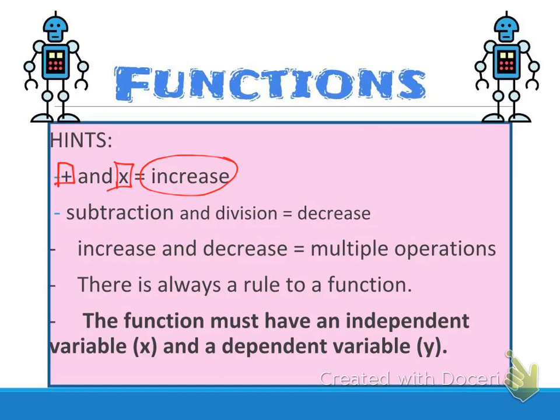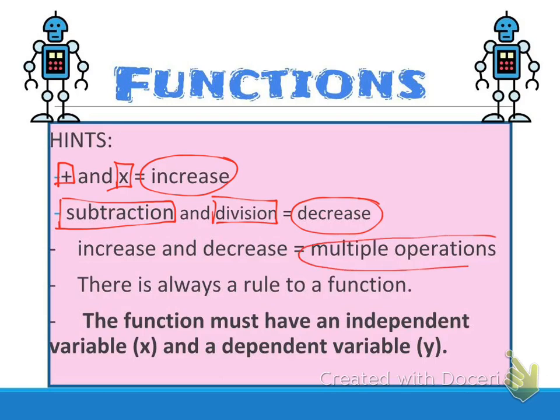If it's decreasing, it's going to be either subtraction or division. So subtraction or division will make the number go down. So if the output or the y is smaller, that means that we either subtracted or divided. Now sometimes if they increase and decrease, we can have multiple operations. There can be more than one thing happening.